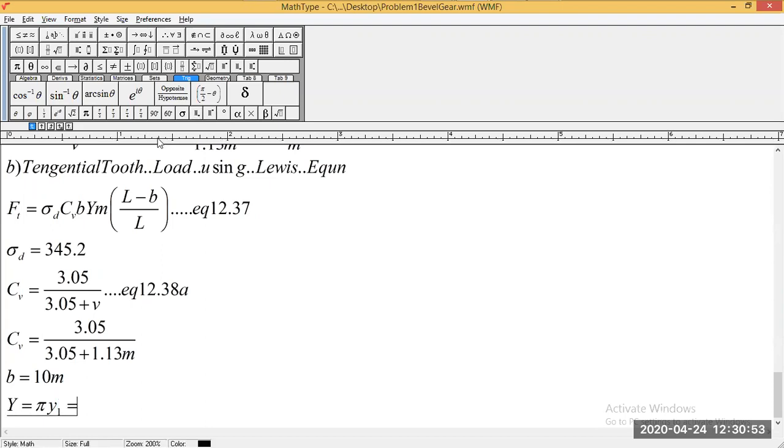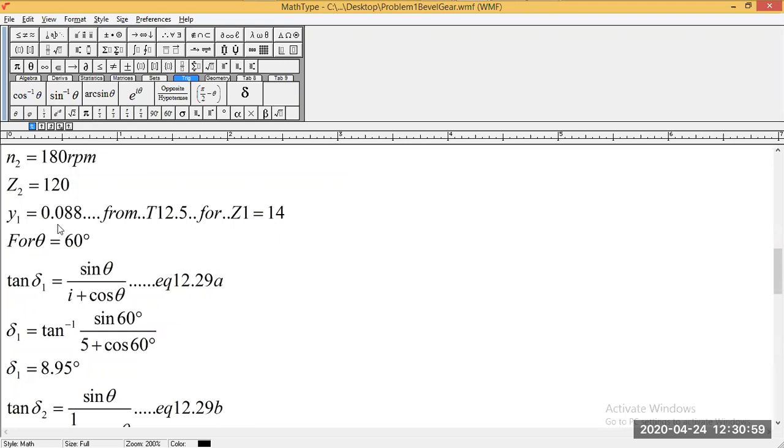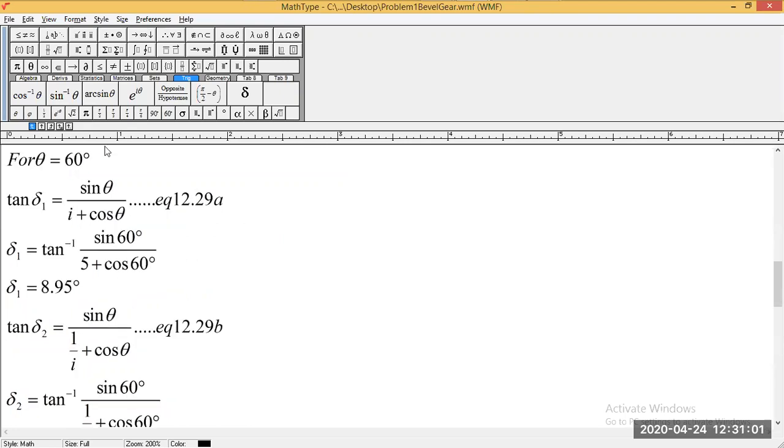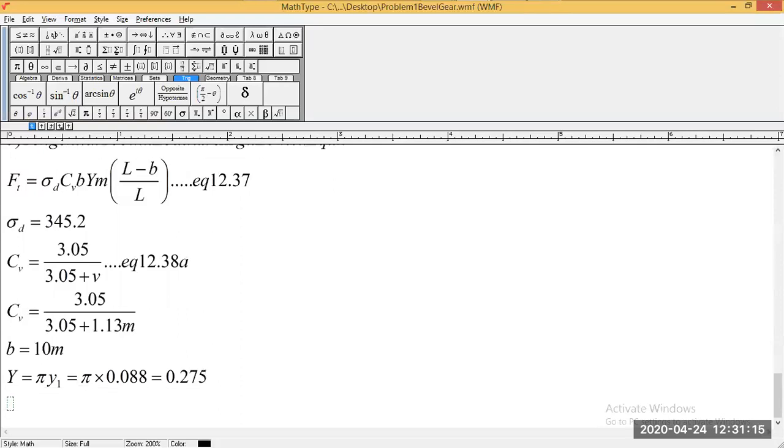Therefore we'll put pi into y1. What is y1? y1 is 0.088. So it gives us pi times 0.088, which is 0.275. Keep this.